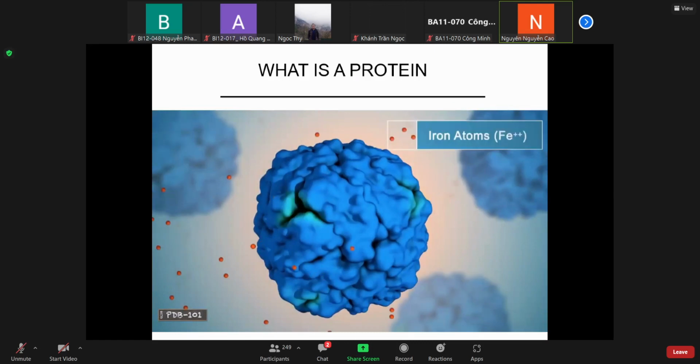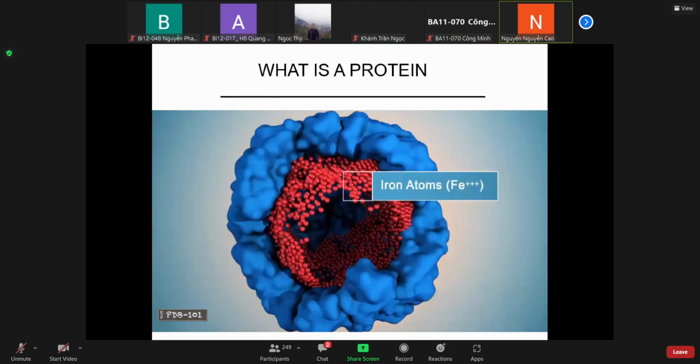Ferritin is a spherical protein with channels that allow iron atoms to enter inner wall. Ferritin stores iron in a non-toxic form.